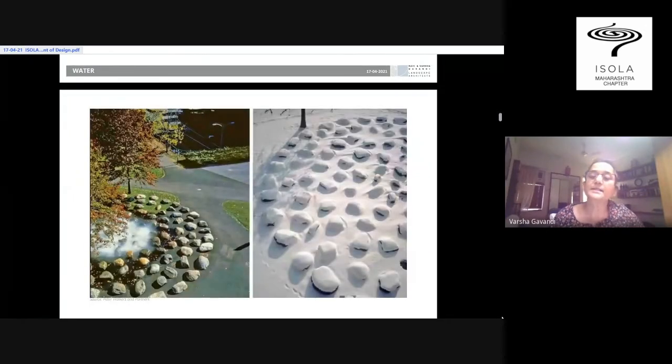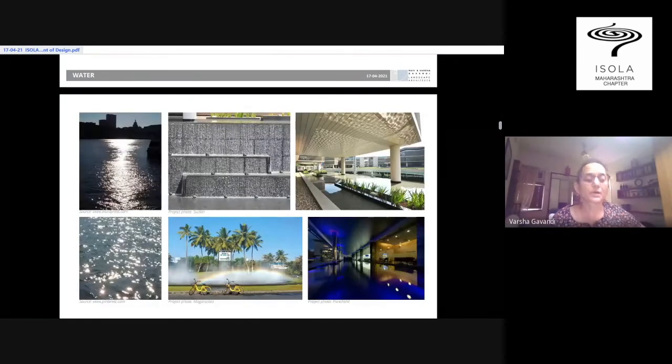Then the solid state, which in our climate we cannot really use in our design. But in solid state, it becomes a form in itself, an object in itself. So this is another quality which makes water really different from the rest of the elements.